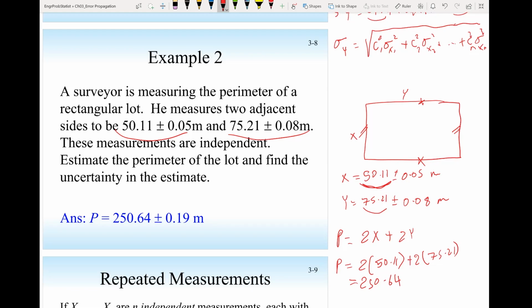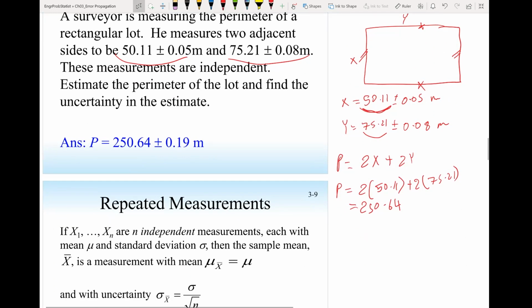Now we need to calculate the uncertainty in the estimate. So that means I need to calculate the variance of P. The variance of P is 2 squared, so that will be 4, times the variance of X, plus 2 squared, this constant, so that is 4, times the variance of Y. And I can do this because X and Y, they said, are independent. So that will be 4 times 0.05 squared plus 4 times 0.08 squared.